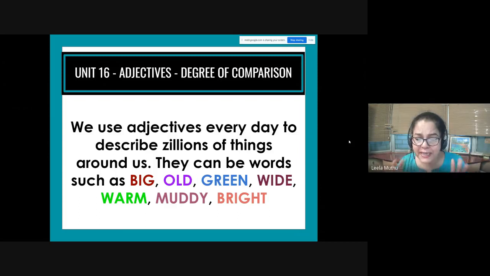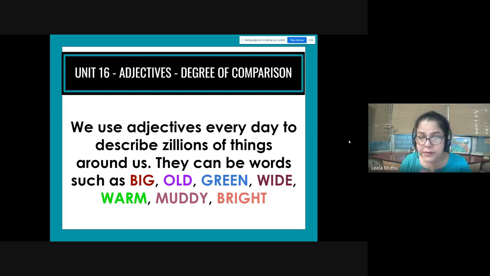They can be words such as big, old, green, wide, narrow, warm, cool, muddy, clear, bright, dim, dull, etc. We use them all the time. We use different adjectives. Our vocabulary of adjectives is quite staggering.